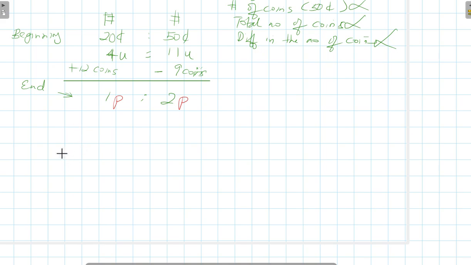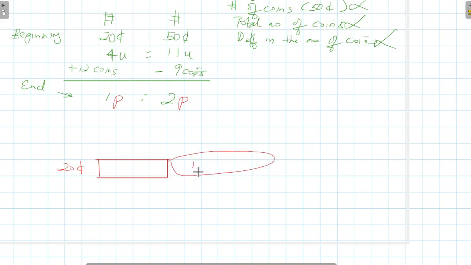Just draw. Let's say 20 cent is 4 units, right? 4 units, and 12 coins.